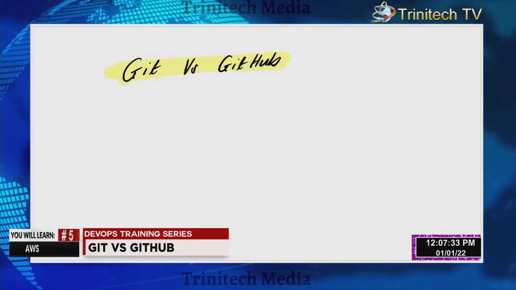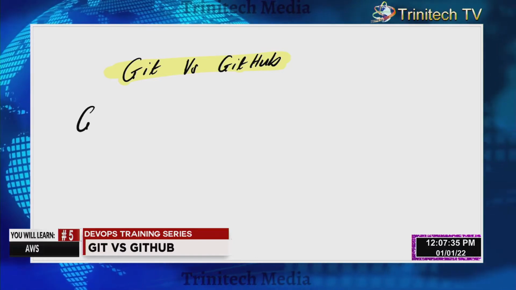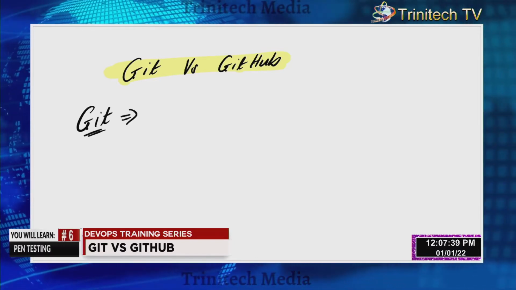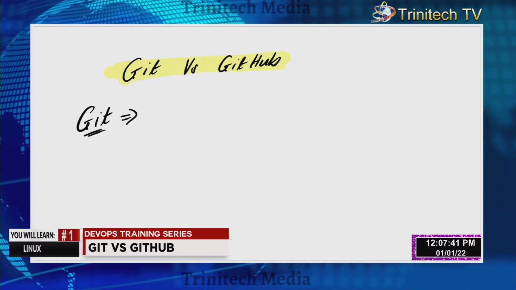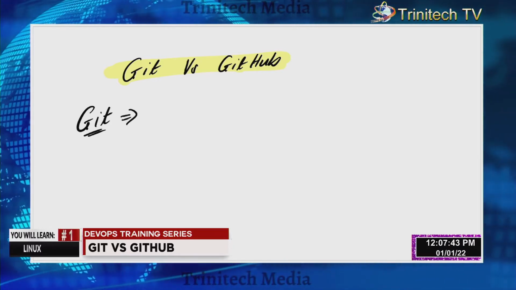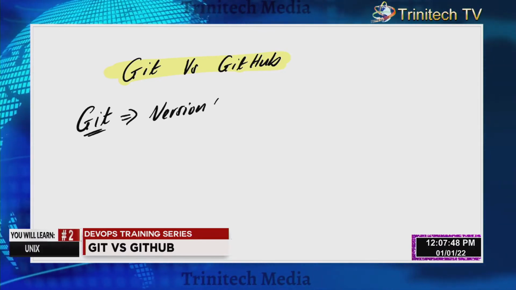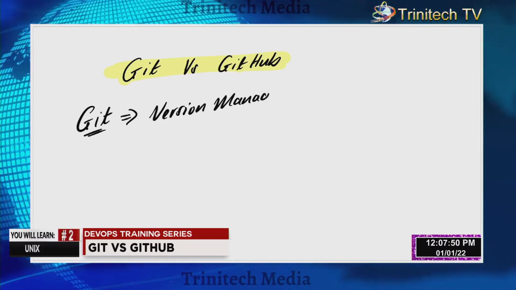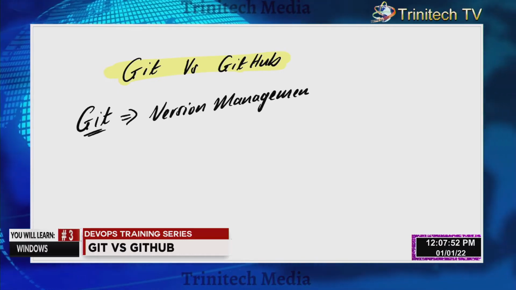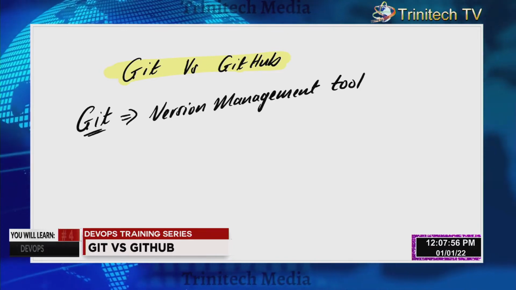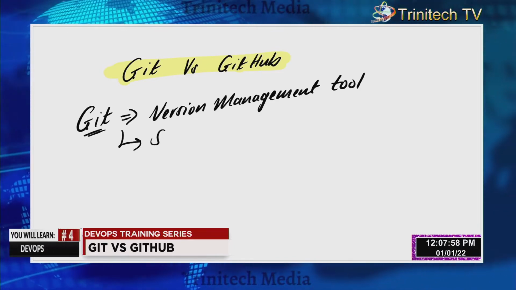So Git, well, let's look at Git as a whole. What is it? It's considered the most advanced version management tool. You can call it a version management tool, and you can also call it a source code control tool.